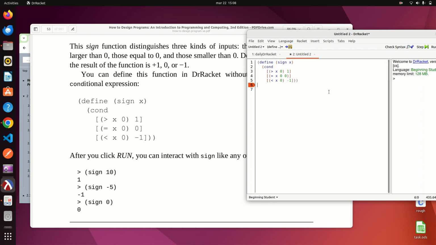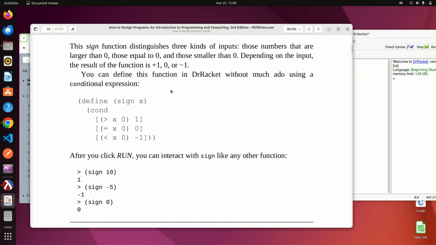So you have three if statements, and I think it's using cond instead of if, like you use in both Python and JavaScript. Here the keyword is cond. So now you run.